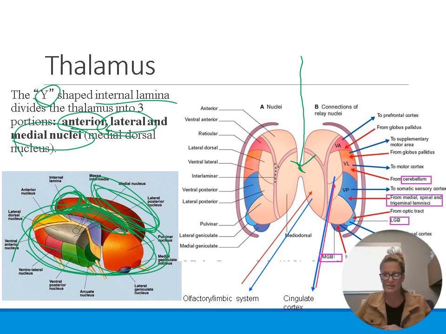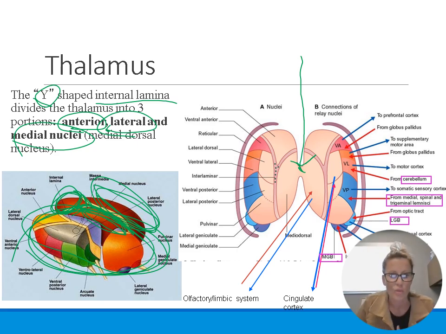There's limbic system pathways, so it has emotional functions. There's autonomic pathways, right? So that's pretty much everything that the brain does. All of these different things, including somatosensory pathways, are connected to the thalamus. So the thalamus is a very, very versatile relay center.